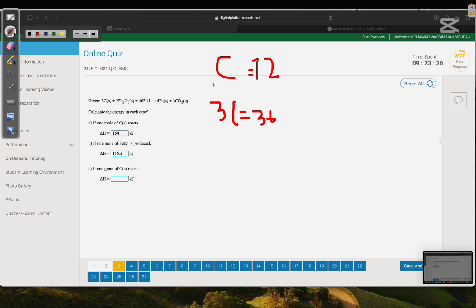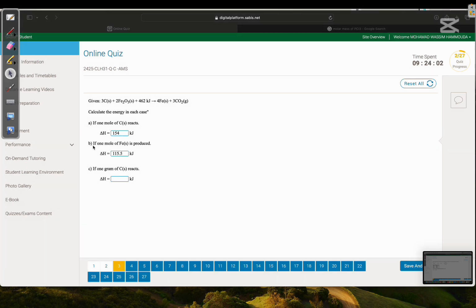But here instead of 12 grams or 36 grams, they want 1 gram. So how do we go from 36 to 1? We do 462 divided by 36, which is 12.83. Or, yeah, 12.8.